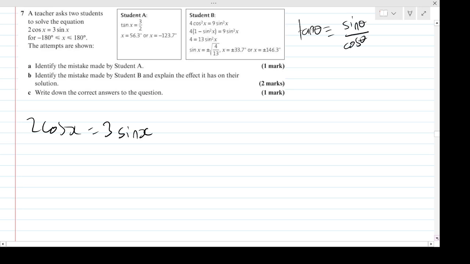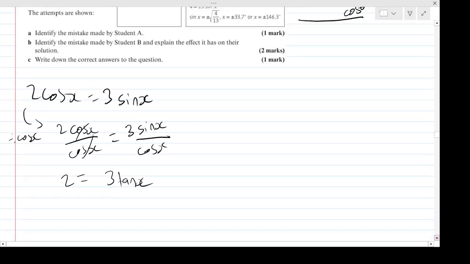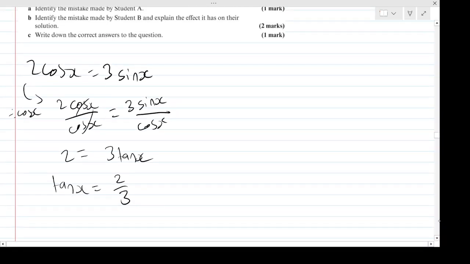That hints I should divide both sides by cos theta. Then I would get 2 cos x over cos x equals 3 sin x over cos x. Cos x over cos x cancels, so I get 2 equals 3 times sin x over cos x, which is indeed tan x. So if I divide both sides by 3, tan x is 2/3. And then I can proceed to solve from there.